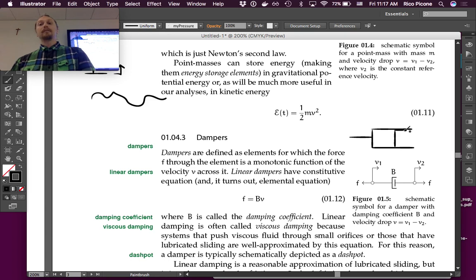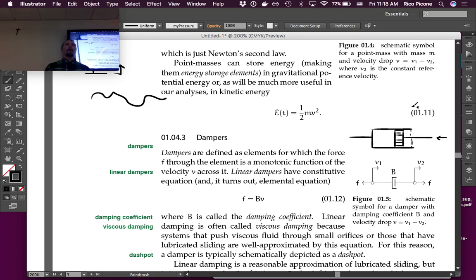Like a hydraulic piston? Like a hydraulic piston, exactly. And say we're pushing this piston through the cylinder, and there's fluid in here. Okay, so this is closed, and there's fluid in here, and there are holes in this piston, so that fluid can flow through the piston, but it resists it.